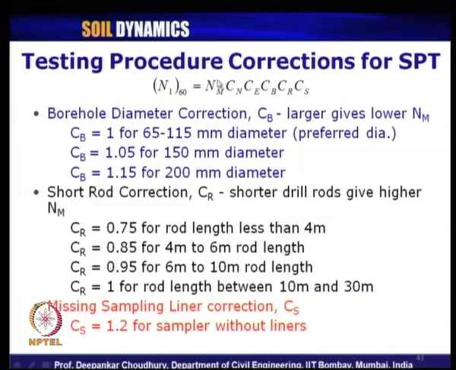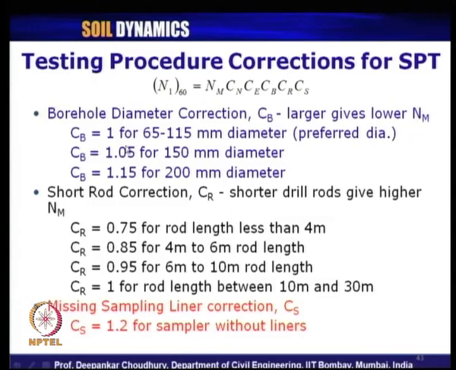And testing procedure corrections, that is all the remaining 3 corrections CB, CR, CS, are called testing procedure corrections. CB is the borehole diameter correction factor, and a larger borehole gives us a lower value of Nm. Obviously, the smaller the borehole diameter, the more blows you need to penetrate the same 30 centimeter at the end.